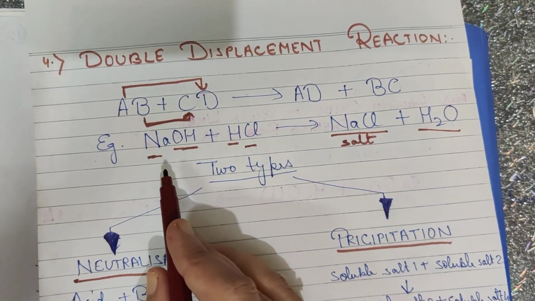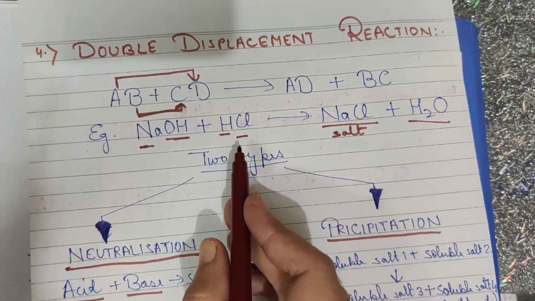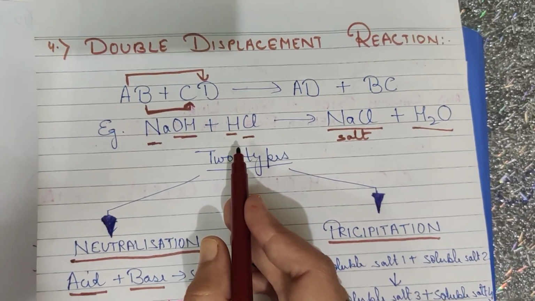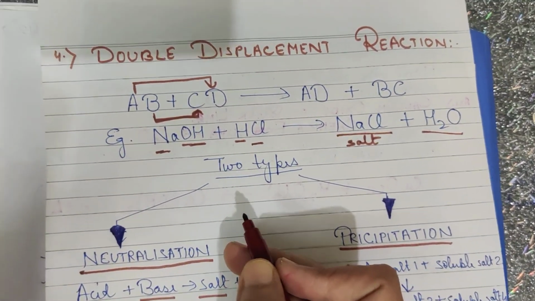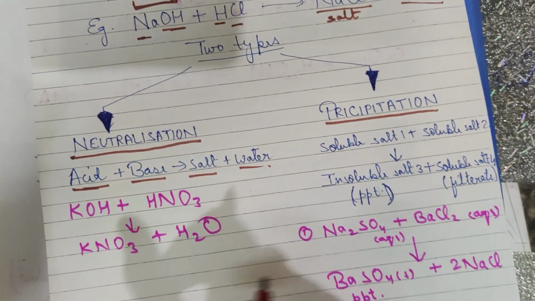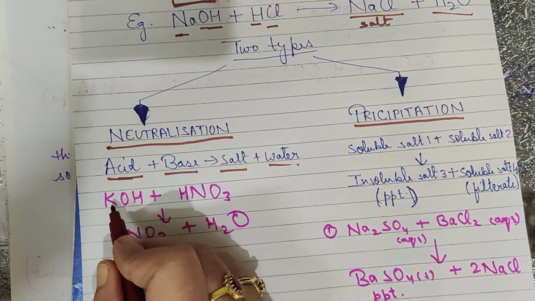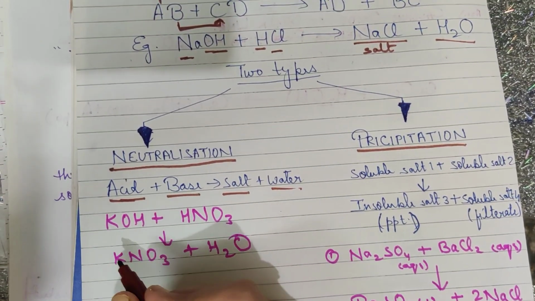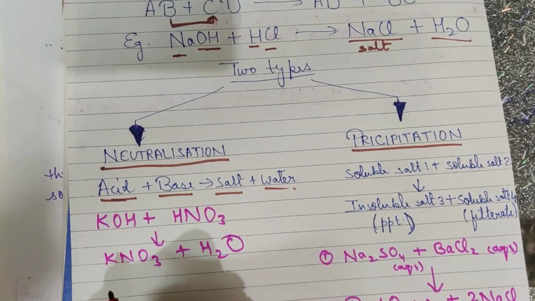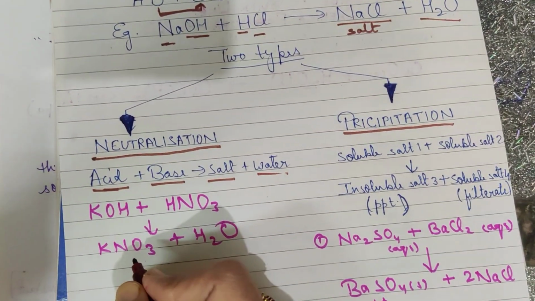Now how to find out which compound is a base, which compound is an acid, this we'll be taking up in our next chapter, acid, base and salt. So for now you can just remember this reaction. Now coming to this example, here also we have KOH. KOH is again a base. Bases are metallic oxides or hydroxides.